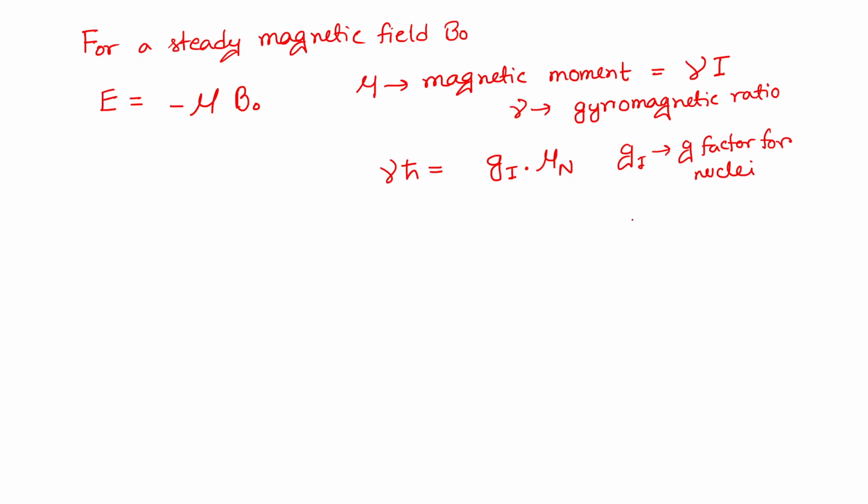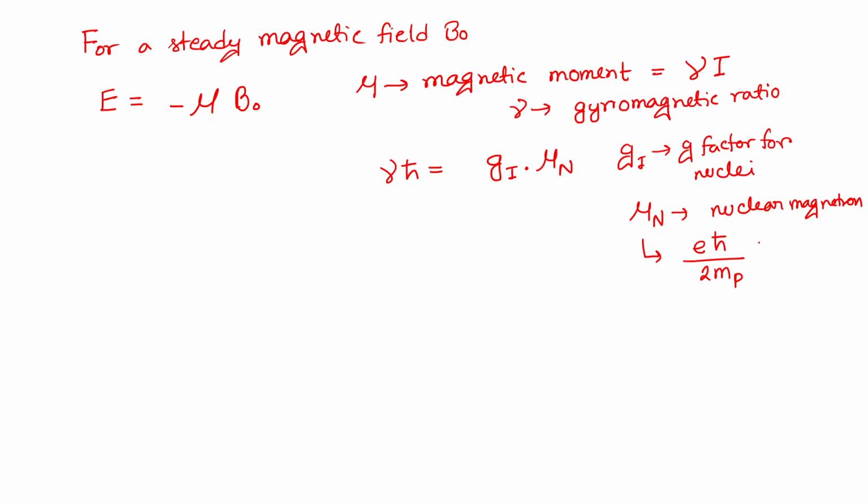Another thing, mu n, is the nuclear magneton. That is a constant, given by e h-cut by 2 mp, where mp is the mass of a proton and e is the charge.